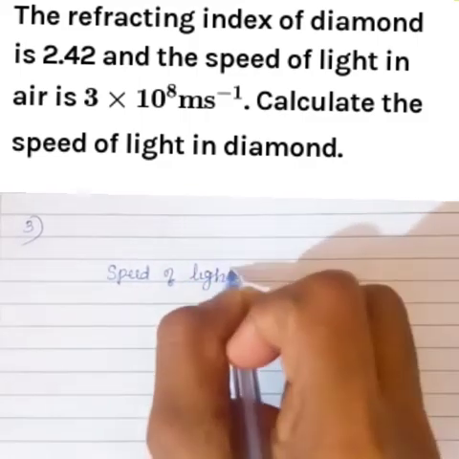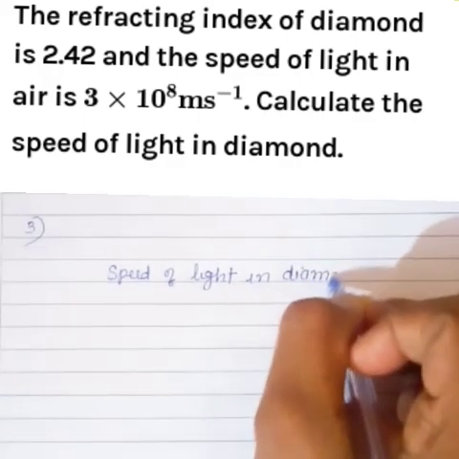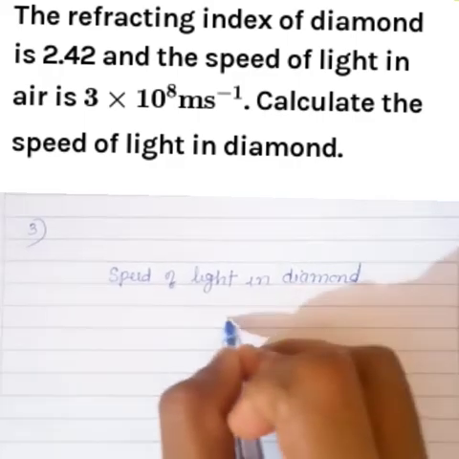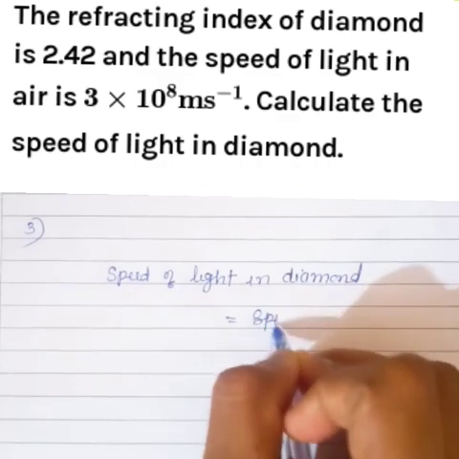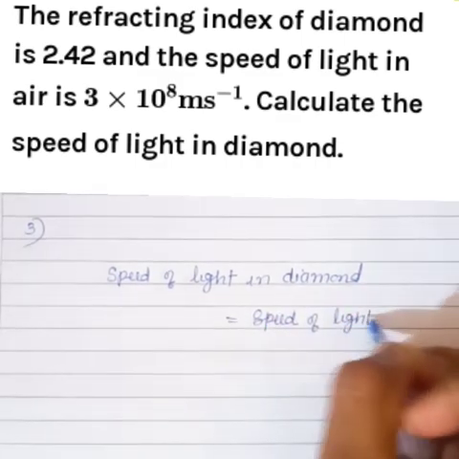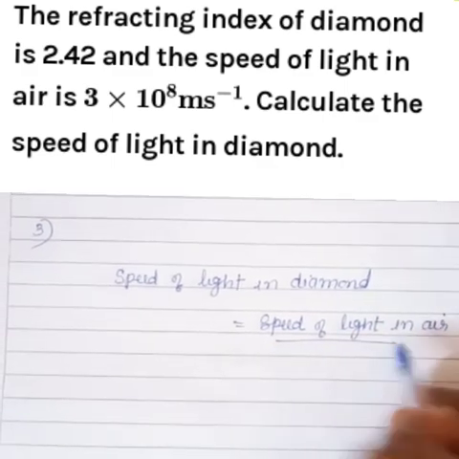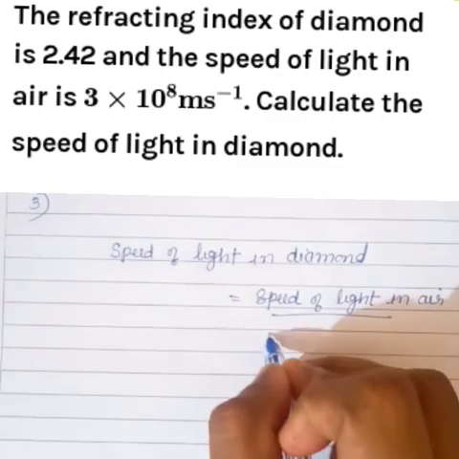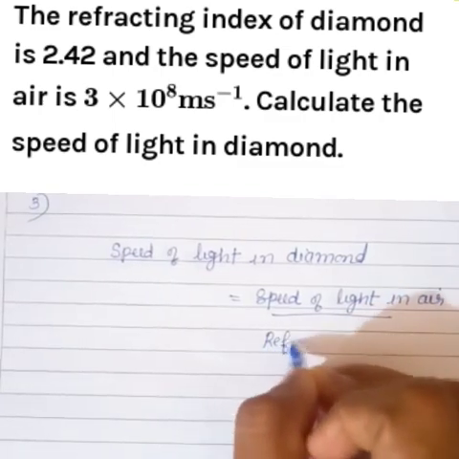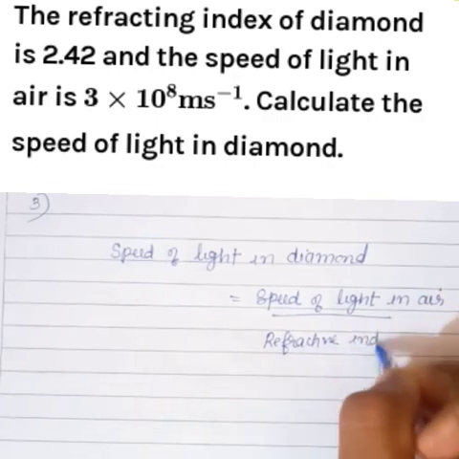Speed of light in diamond is equal to speed of light in air divided by refractive index of diamond.